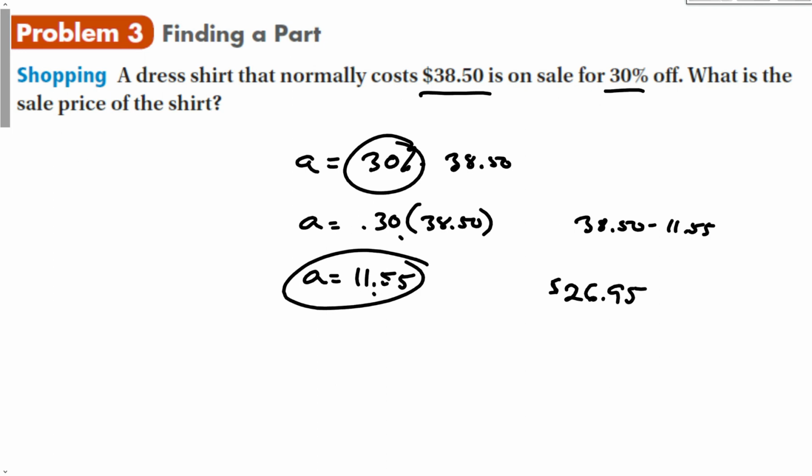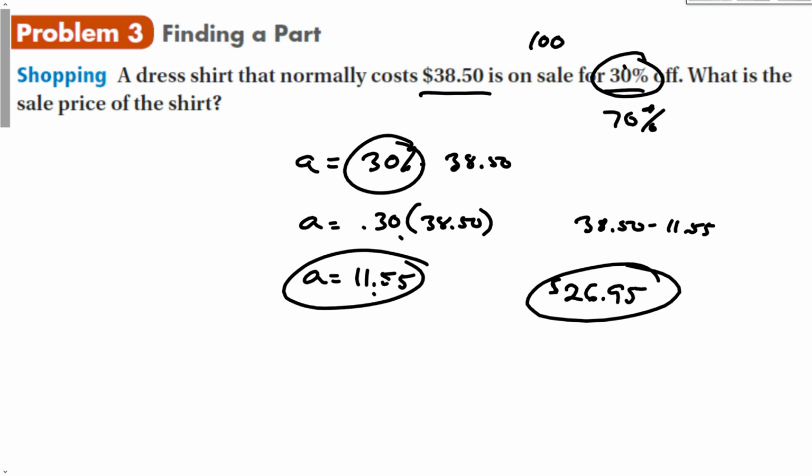There's another trick to this, okay? And you could get right to this answer if you use this trick. And that is if you realize that the price of the shirt is 30% off, if you're starting at 100%, if you take 30% off, the shirt now costs 70% of what it did before, right? Because 100% is the whole shirt.